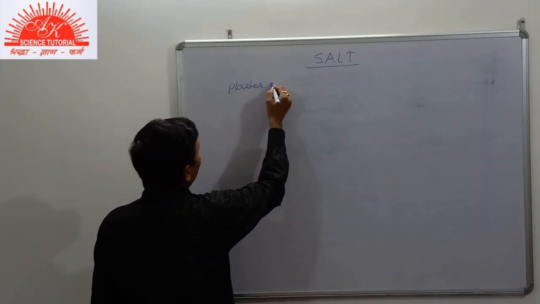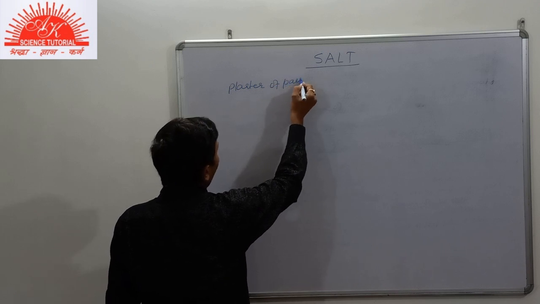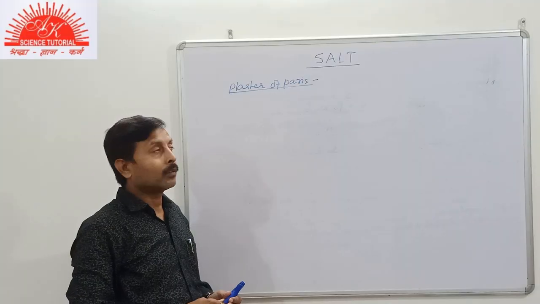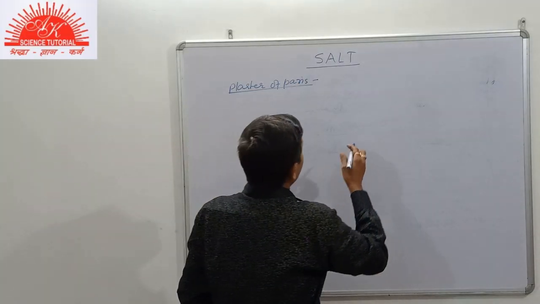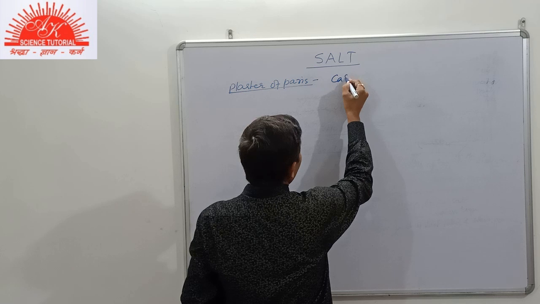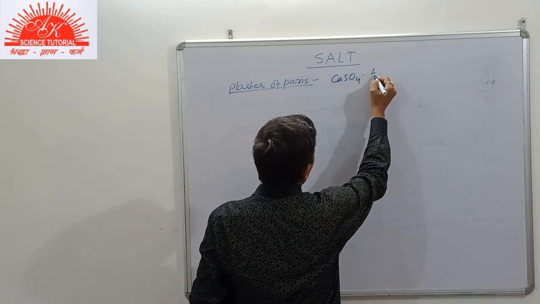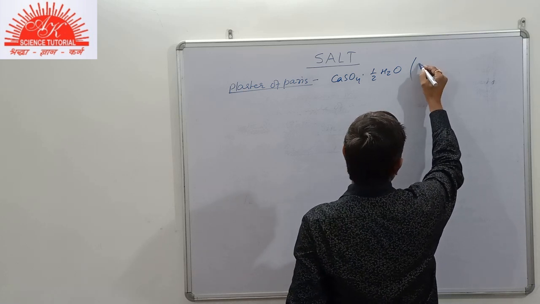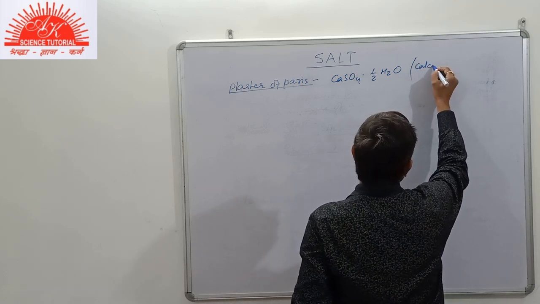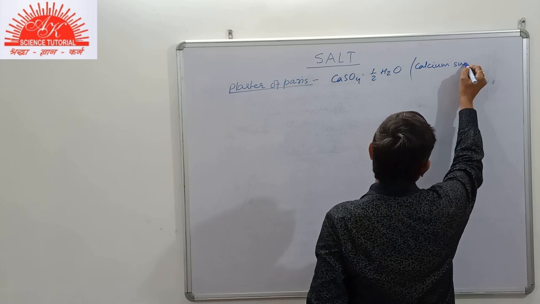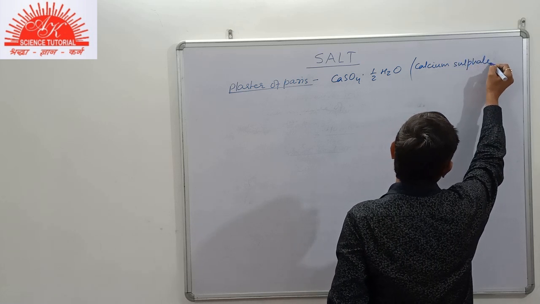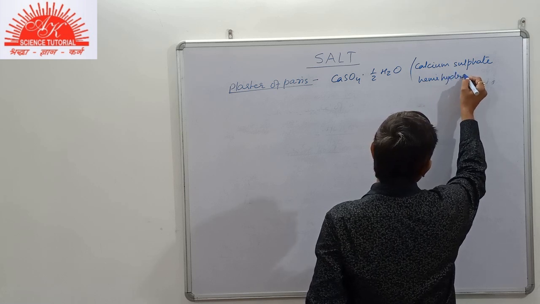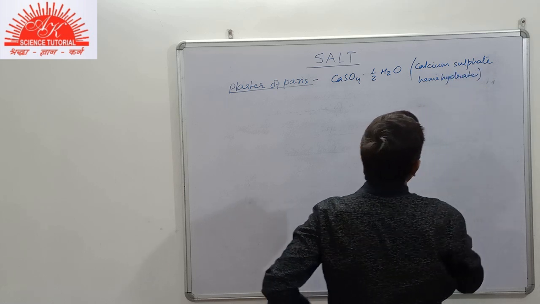Now, the next one is plaster of Paris, that is CaSO4 dot half H2O, chemically called calcium sulfate hemihydrate. Hemi means half, hydrate means water.